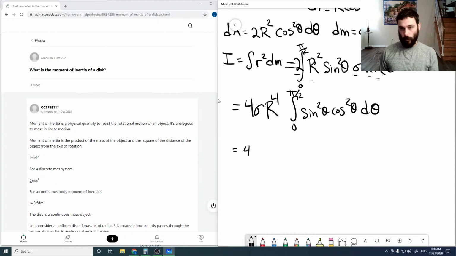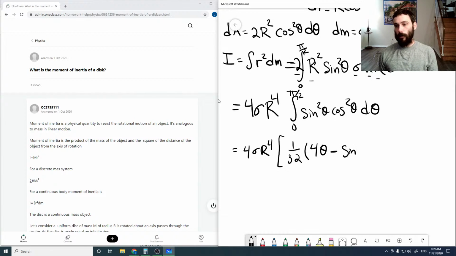And so then this is 4 sigma R to the fourth. And the indefinite integral here is 1 over 32 times (4 theta minus sine of 4 theta) from 0 to pi over 2.